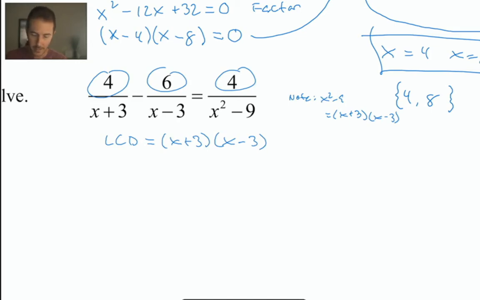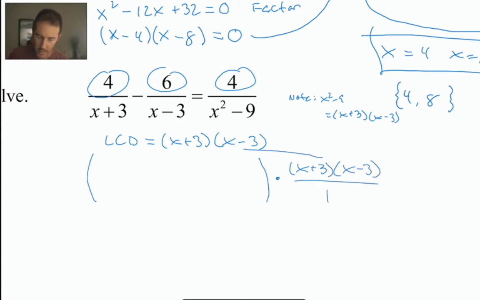We're multiplying the entire original equation, which maybe you've rewritten down here. I'm multiplying the entire original equation by x plus 3 times x minus 3 over 1. I'm multiplying it to the 4, and I'm multiplying it to the 6, and I'm multiplying it to the 4.